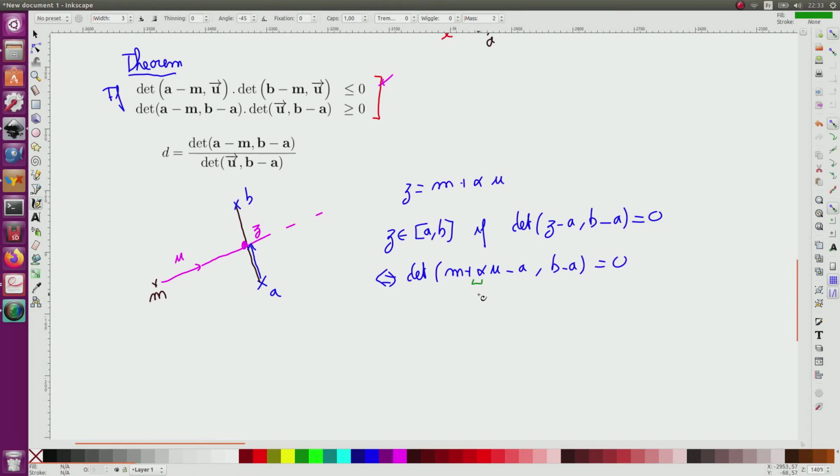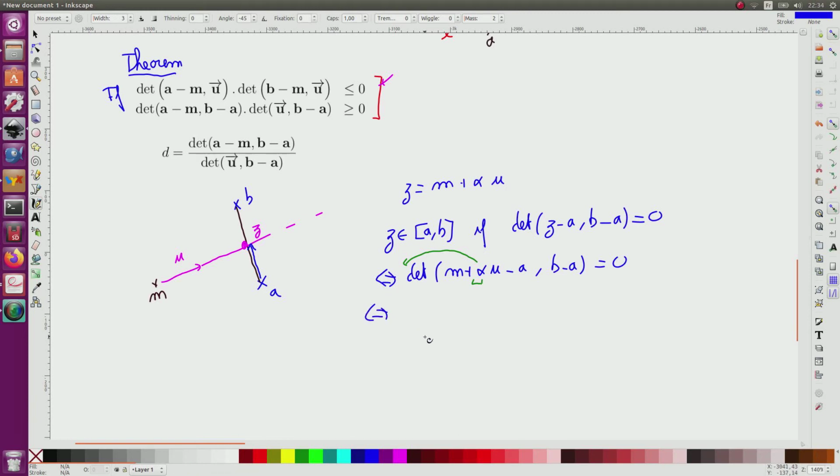To isolate alpha, I have to get it out from the determinant. So I will use the linearity with respect to the first argument.